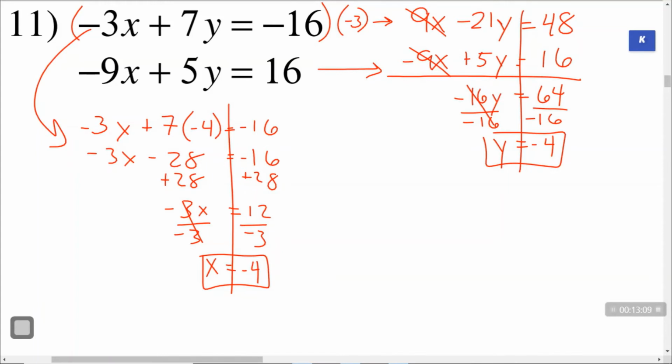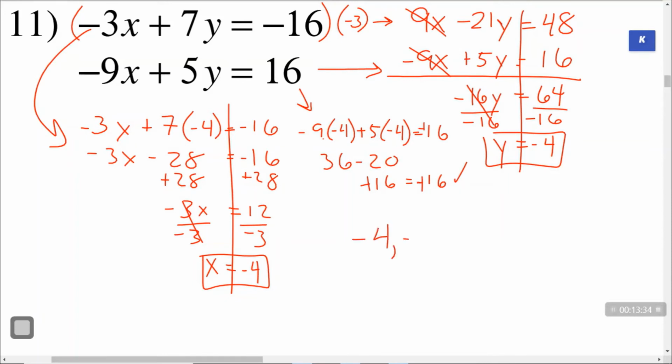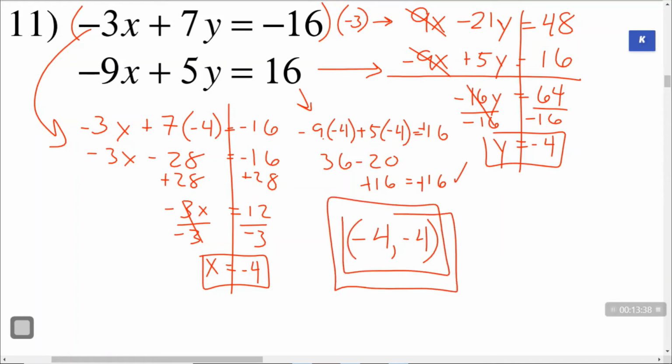Hey, they both are the same. Let's make sure we're right. Let's check it. Look at that. It worked out. Sorry. Wait, hold up. I apologize. Those are all positive. All right, so it worked out. That's great. Therefore, we know that it is our correct answer. And I'm just going to put negative 4, comma, negative 4, and box it out.